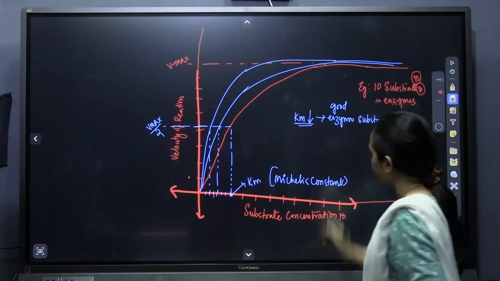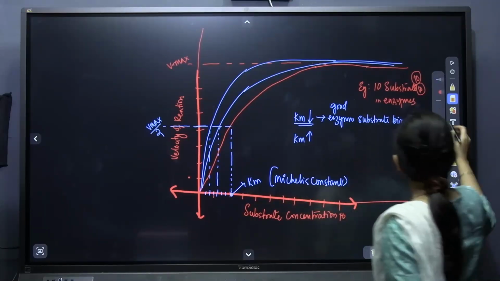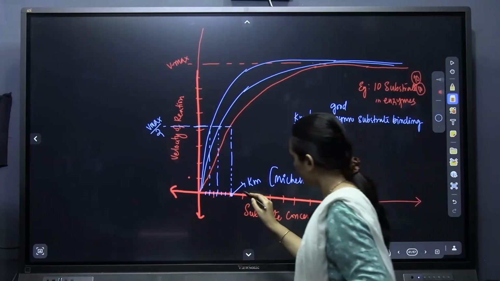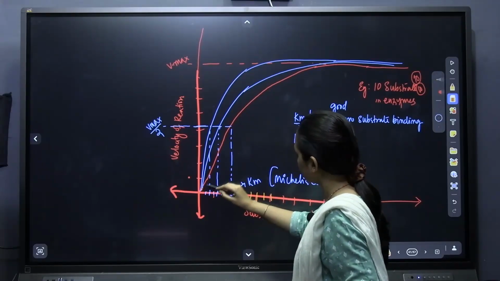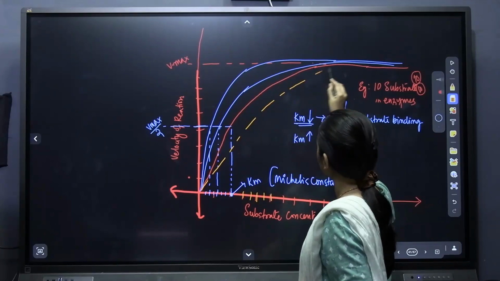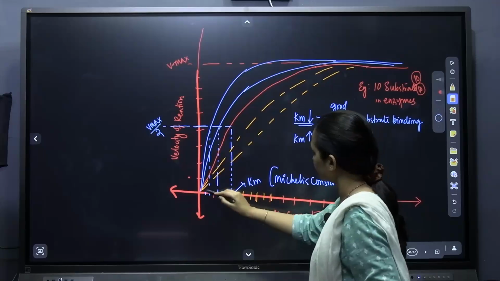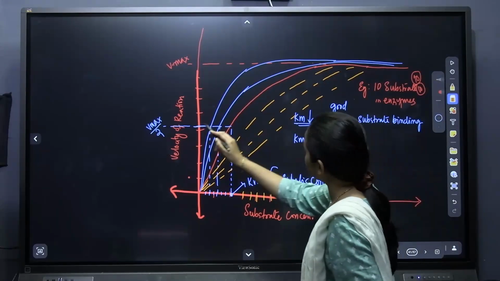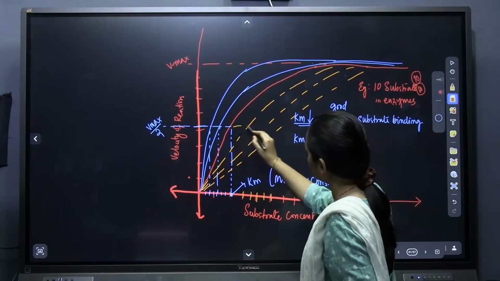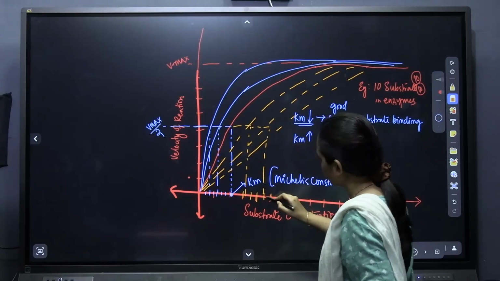So if the Km increases, if it goes this side, then the reaction is very slow. Can you see? The reaction is very slow. If you take Vmax by 2 here, then it will be like this.